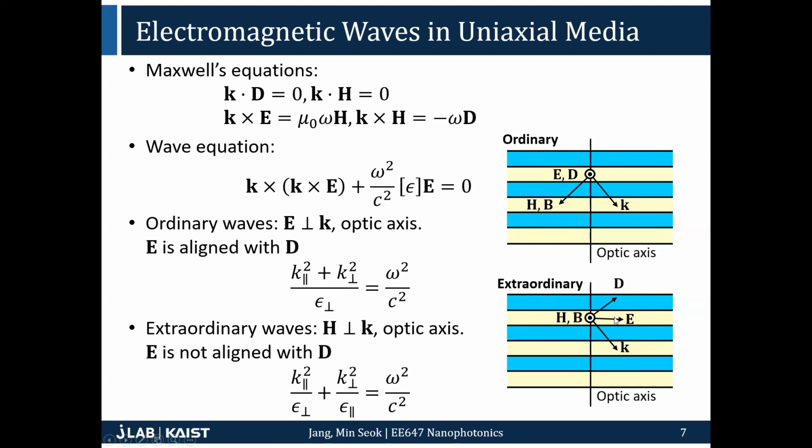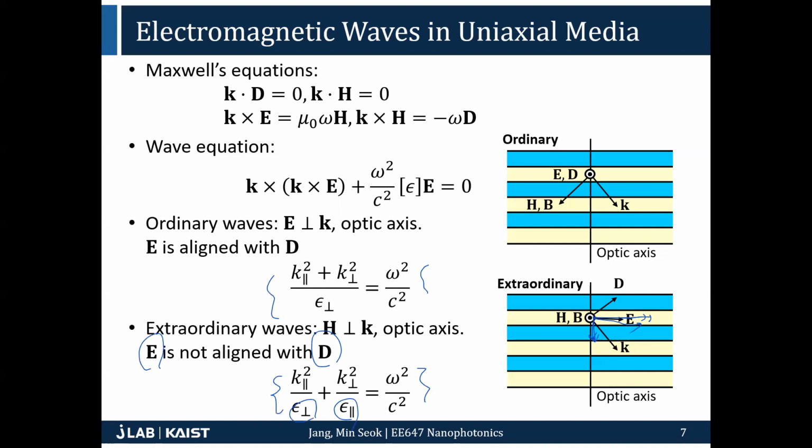So in that case, as I said earlier, the permittivity is very different for the electric field along that component and the electric field along this component. So different permittivities apply for this component and that component of the electric field. Because of that, the electric field and D field are not aligned. And also, the dispersion relation, the omega and K relation, is very different. So here they use different permittivity.